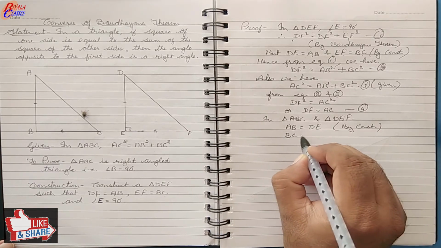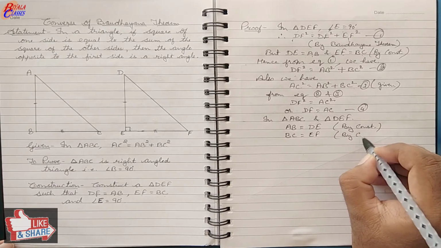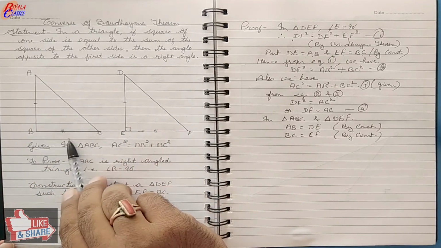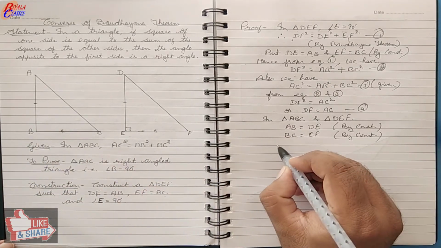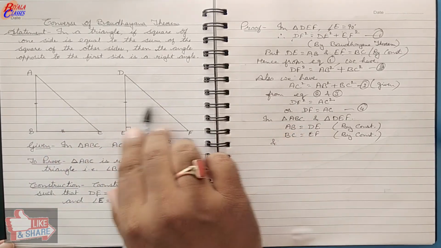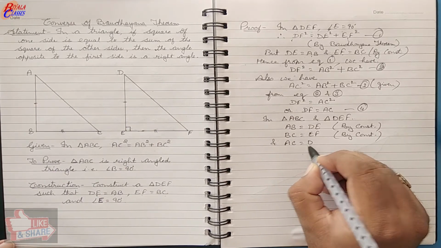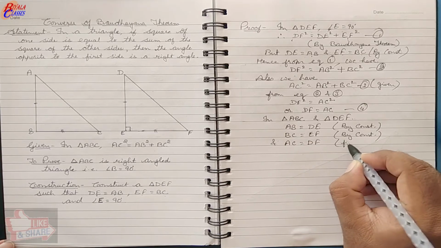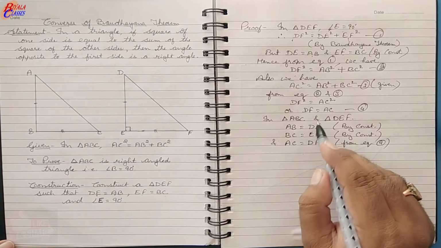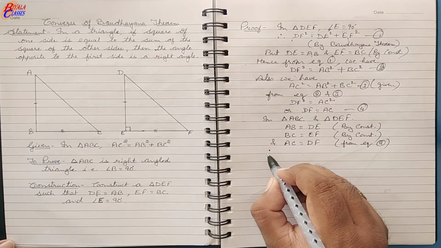We also have BC equals EF, again by construction. And we have just now proved that DF and AC are equal, so AC is equal to DF. This is from equation 4. Now we see that all three corresponding sides of the two triangles are equal.